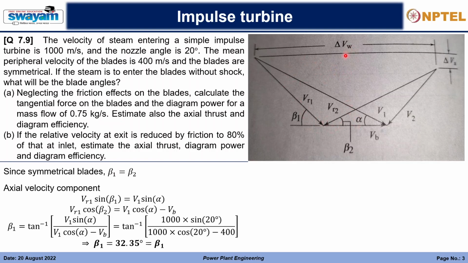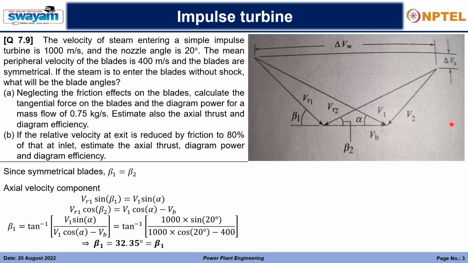First of all, let me explain the velocity diagram a little bit. What happens is that the steam, you just focus on these arrows as a direction, because the velocity is a vector, right? So you consider it as a simple direction of the steam. You can see that the steam enters along this line, so v1 is the vector, but also the blades are moving in the same direction here, from this point to this point.